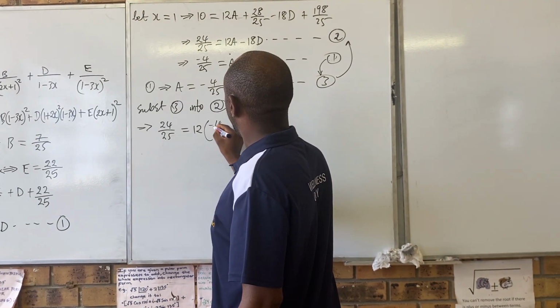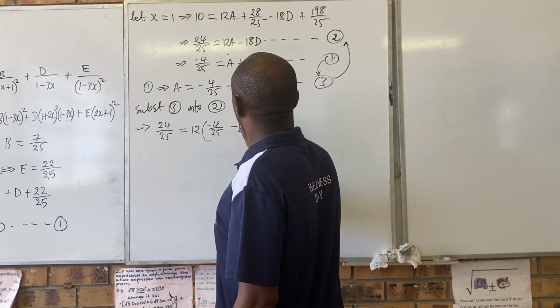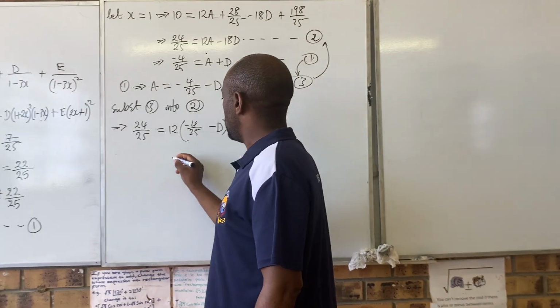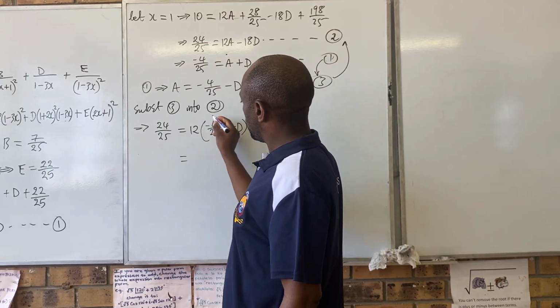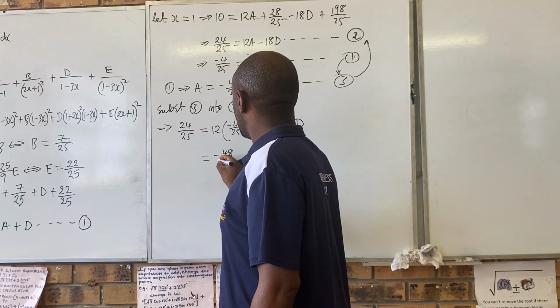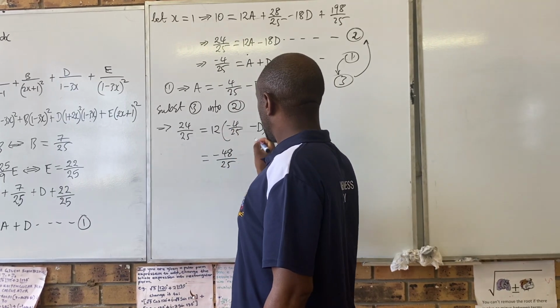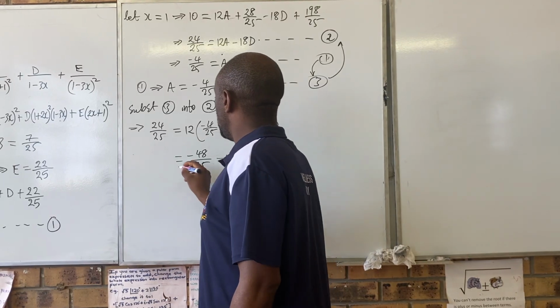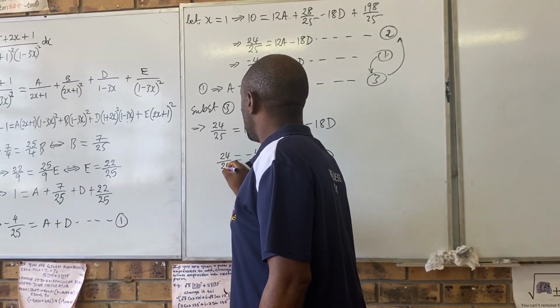I'm now putting negative 4 over 25 minus d, then minus 18d. So that's my substitution. If I open the bracket, 12 times negative 4 will give me negative 48 on 25. 12 times negative d is negative 12d minus 18d is equal to 24 on 25.